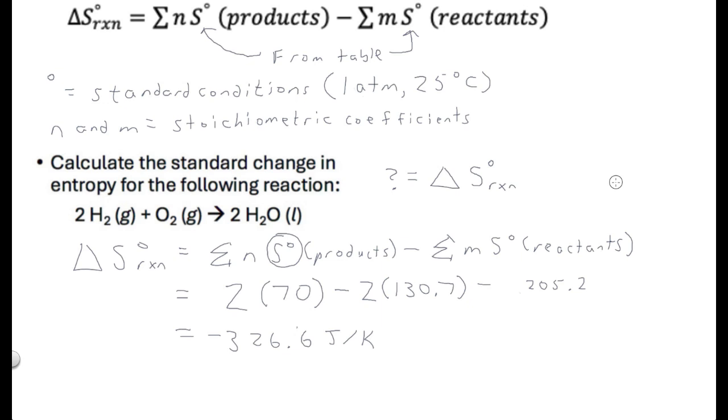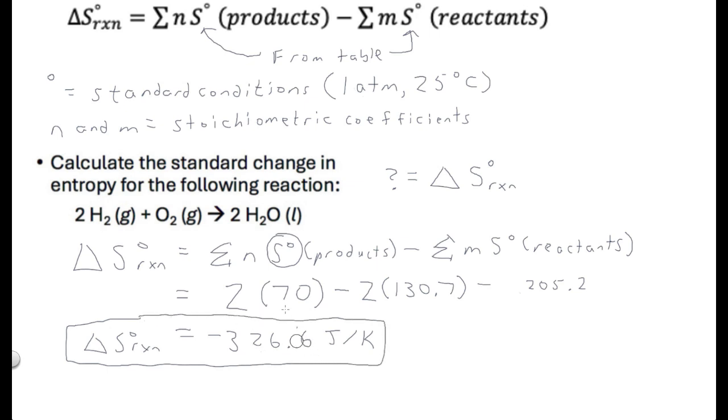What would the answer be? The change of entropy at standard conditions in the reaction is negative 326.6 joules per Kelvin. Good.